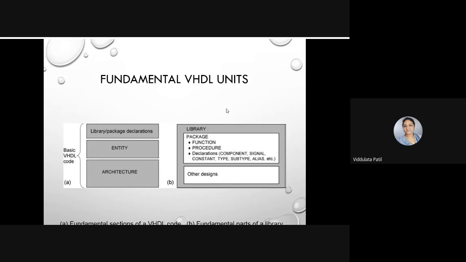Whatever different functions we are going to use in that VHDL program, we have to first declare that, or we add that in the program. So for that we need to declare the library, and then whatever different functions are available in the package, we need to add that package.